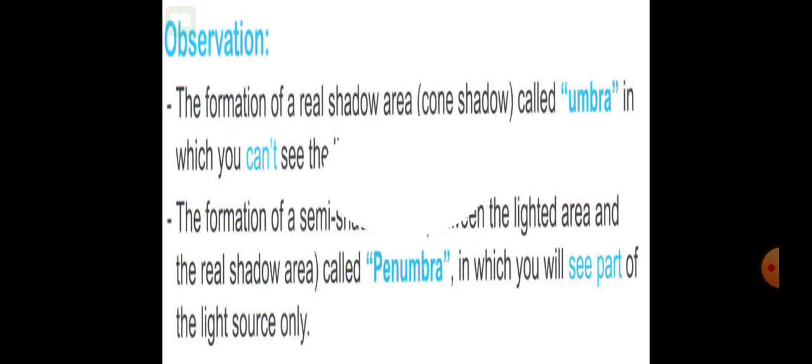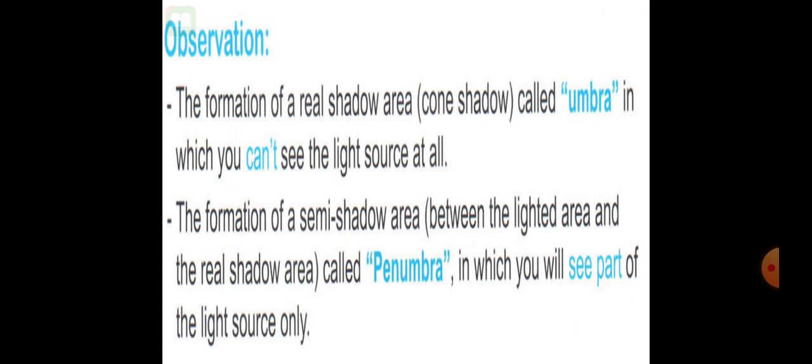So, the observation here is the formation of a real shadow area, which is called the cone shadow or umbra, in which you can't see the light source at all. And also, the formation of a semi-shadow area between the lighted area and the real shadow area, called penumbra, in which you will see only part of the light source.